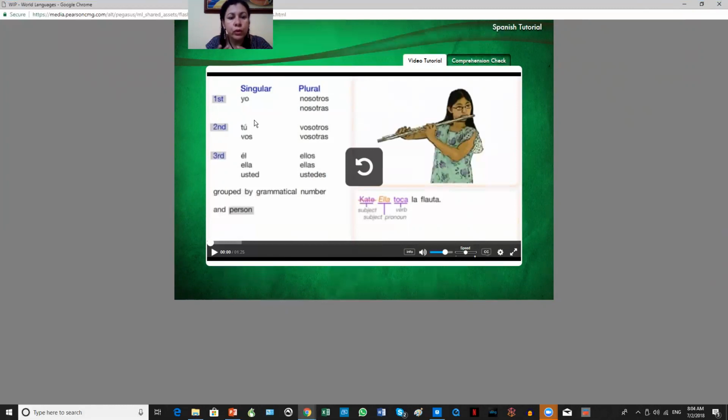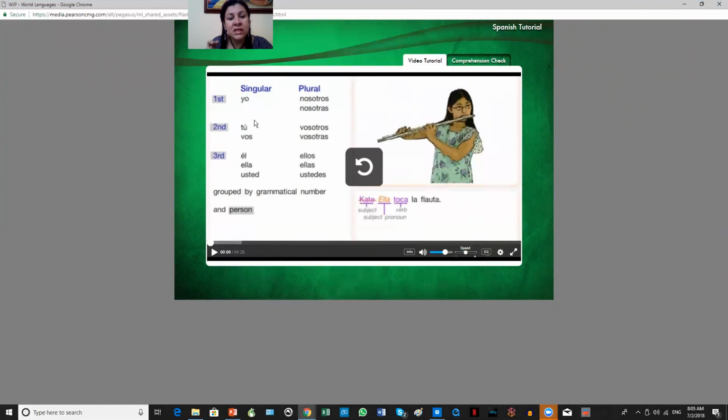And they are also grouped by which person they are, the first, the second, and the third. So yo is the first person singular, and nosotros is the first person plural. Tú and vos is the second person singular, and then vosotros and vosotras is the second person plural.